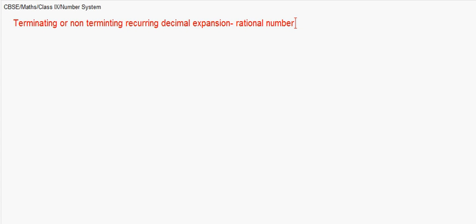Now let's see questions under that one. Suppose there is a question which says represent 0.3 bar, that means repeating 0.3333 and so on.